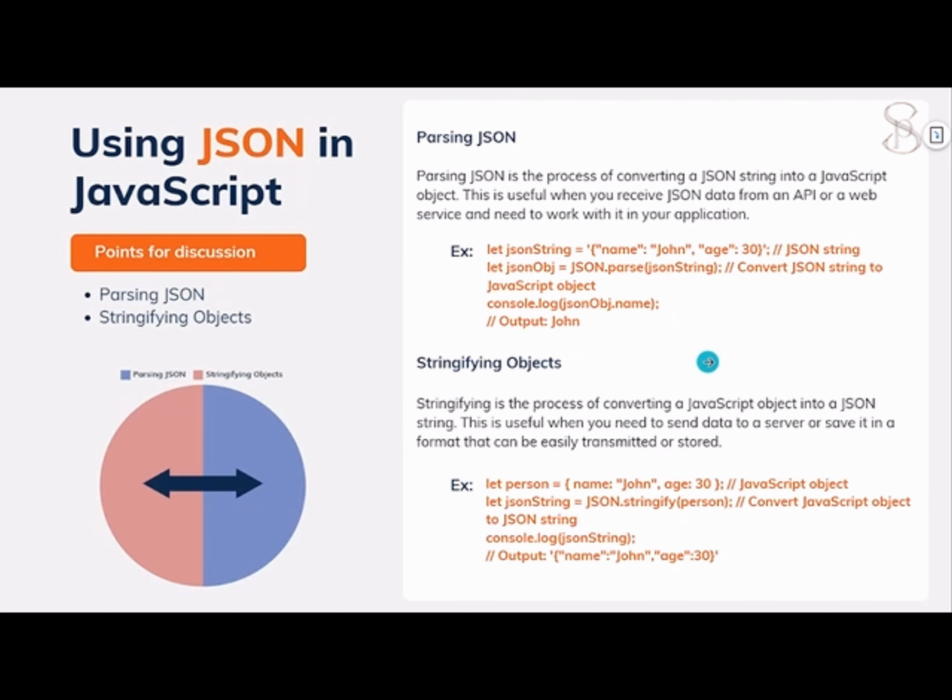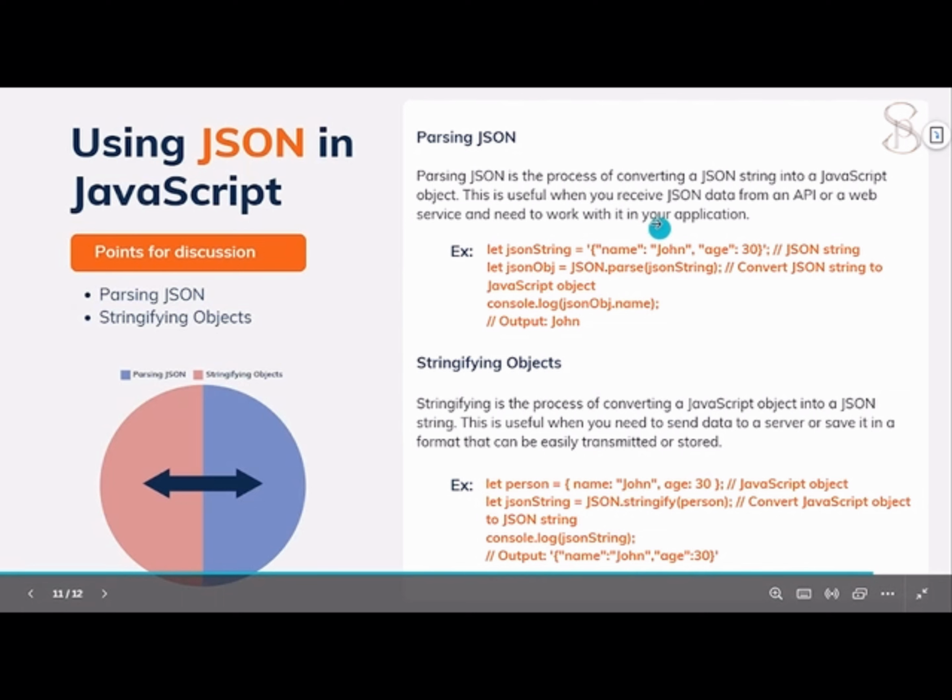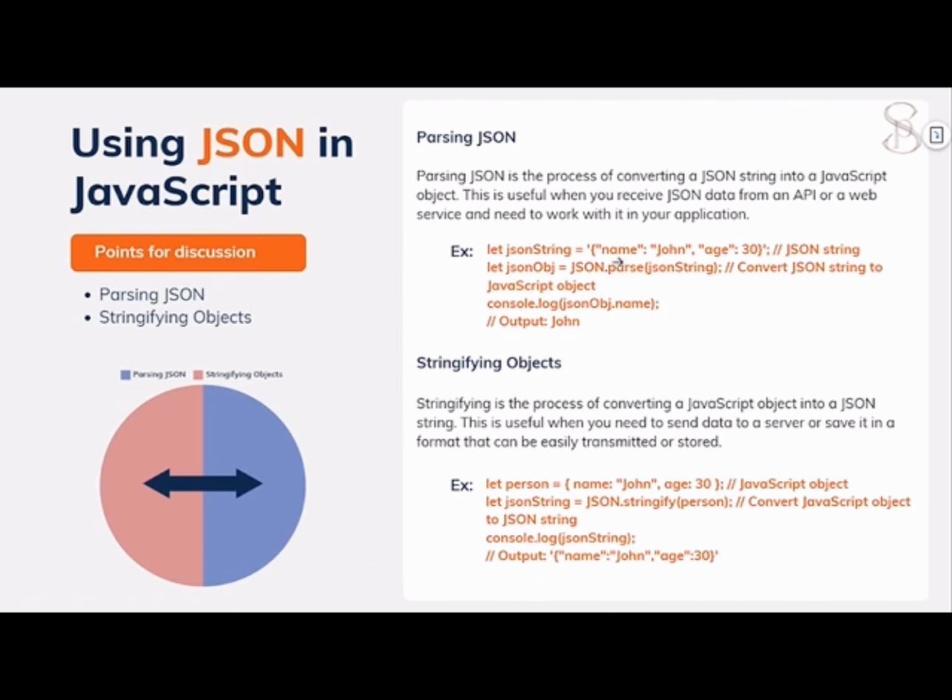In the same way, if we want to convert a JavaScript object into JSON, see here, you can find the difference between JSON and object. Here you can see all the things are mentioned in double quotes. That means all are in string format.